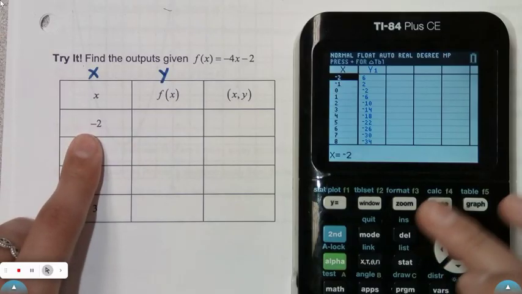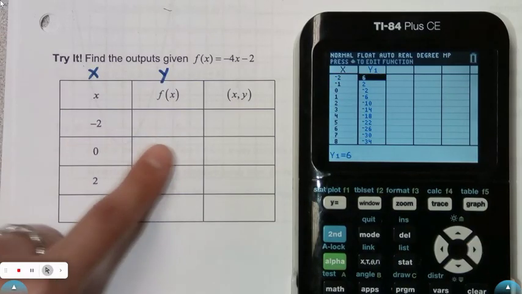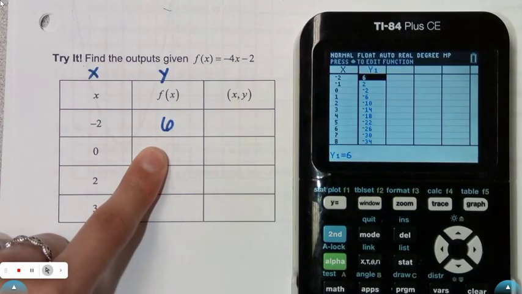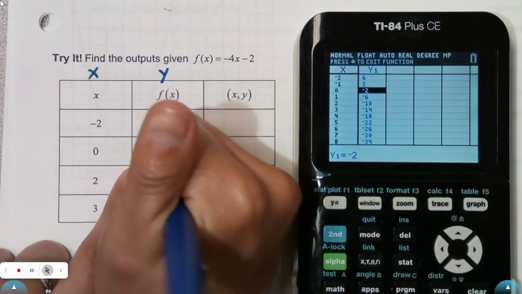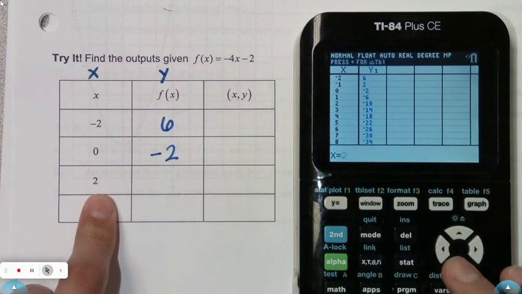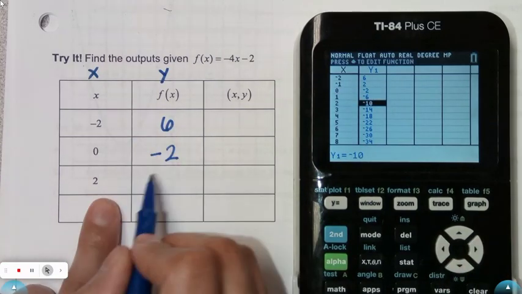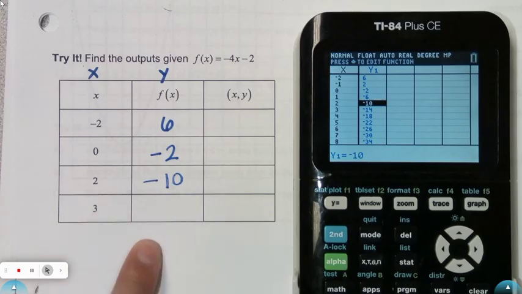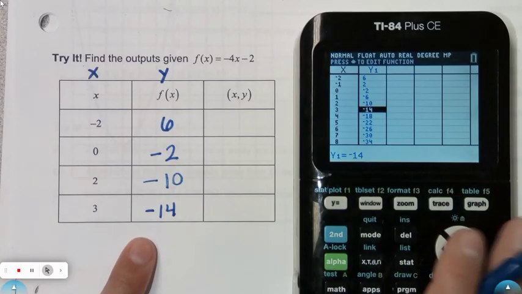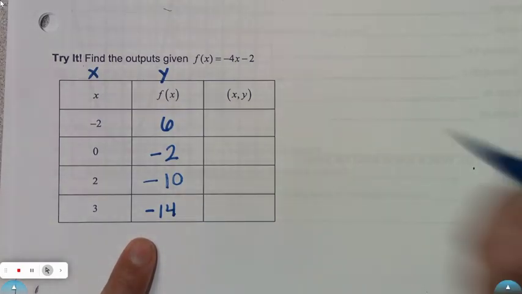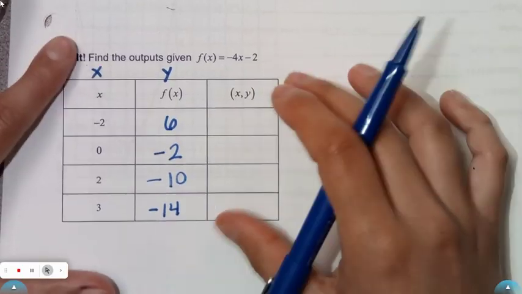All right, when x is -2, I was already on there, y is 6. When x is 0, y is -2. When x is 2, y is -10. And when x is 3, y is -14. The last thing you have to do, I can put my calculator to the side, is write this as an ordered pair.